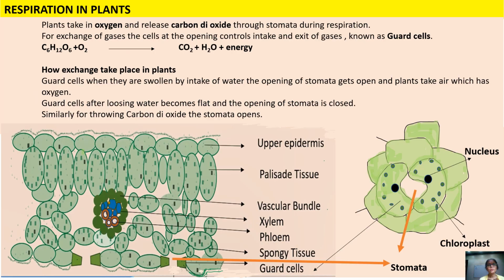Let us study how exchange of gases takes place in plants, or respiration in plants. For respiration, plants take oxygen and give out carbon dioxide. Please look carefully. Plants take in oxygen and they give out carbon dioxide during the process of respiration.